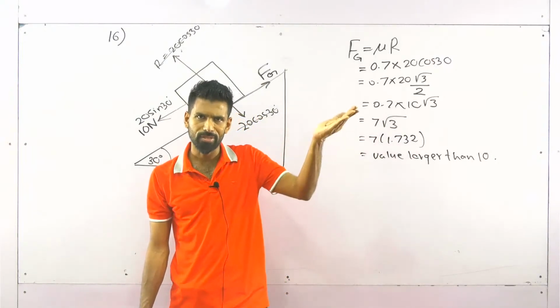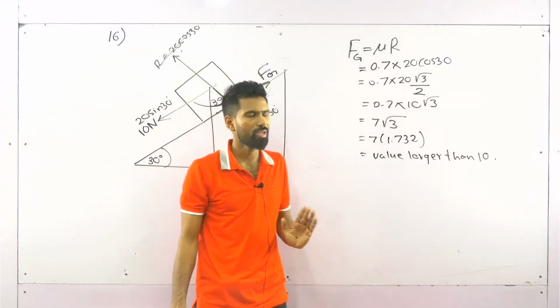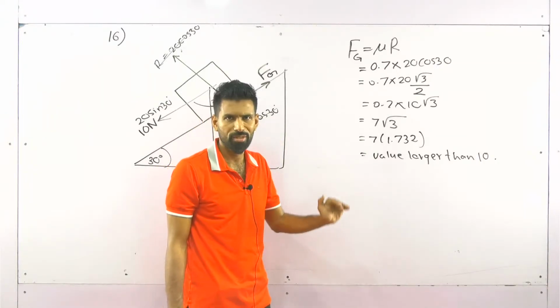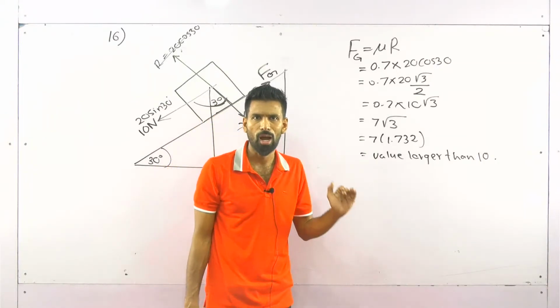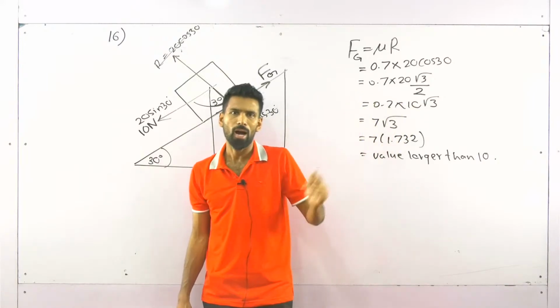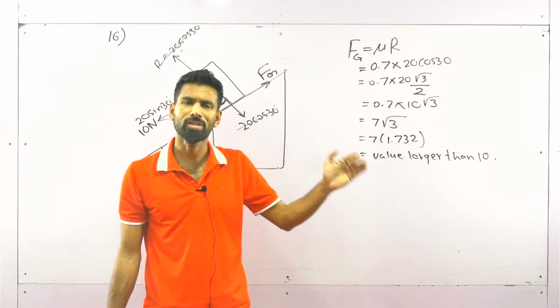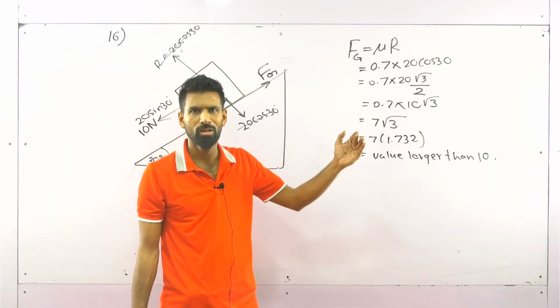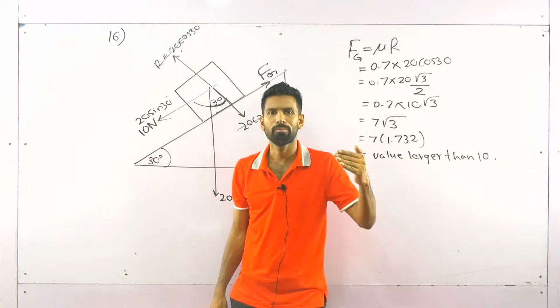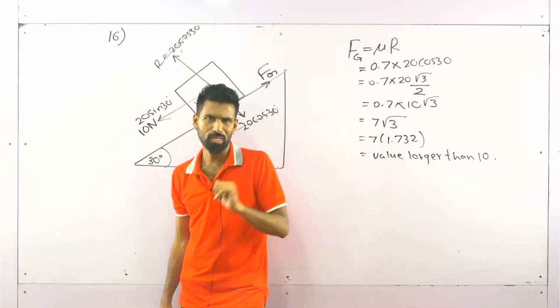Friction will increase when we increase the applied force, in the opposite direction with the same value, until the limiting friction value. After the limiting friction value, friction can't increase further. If we increase the external force we apply, we can bring the object into motion. So that is the concept.